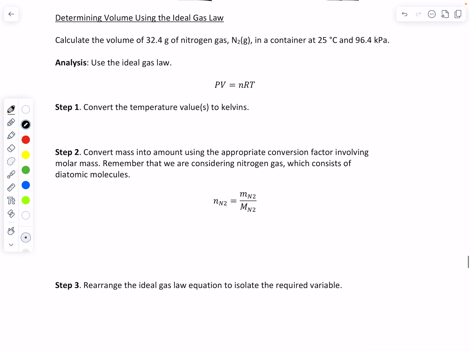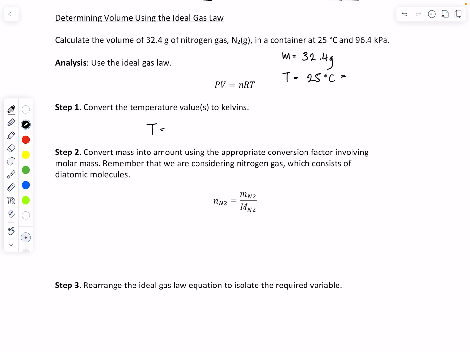Let's determine the volume using the ideal gas law. Calculate the volume of 32.4 grams of nitrogen gas in a container at 25 degrees Celsius and 96.4 kilopascals. We're given a mass of 32.4 grams, a temperature of 25 degrees Celsius.